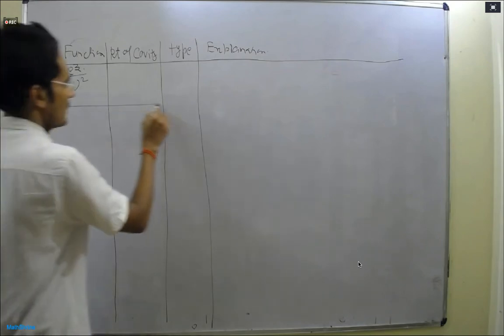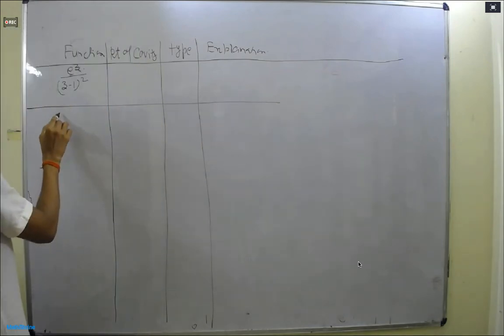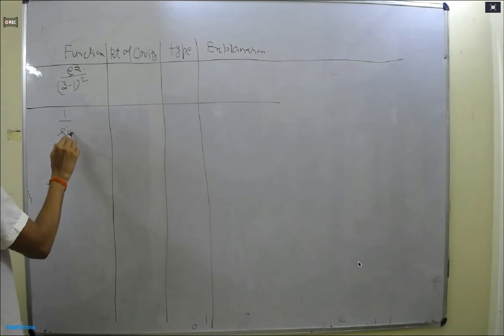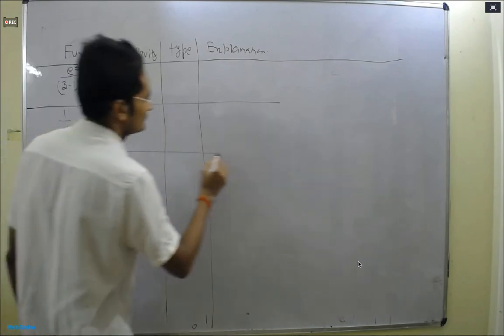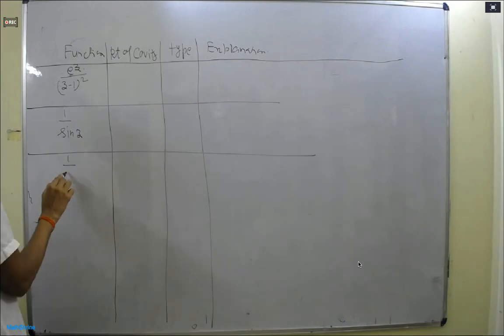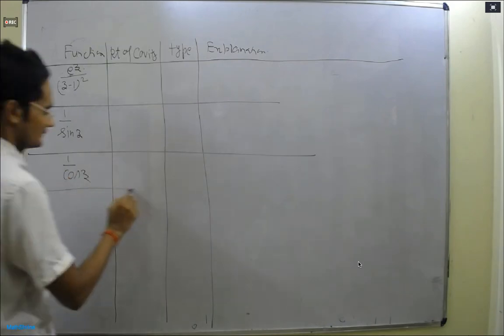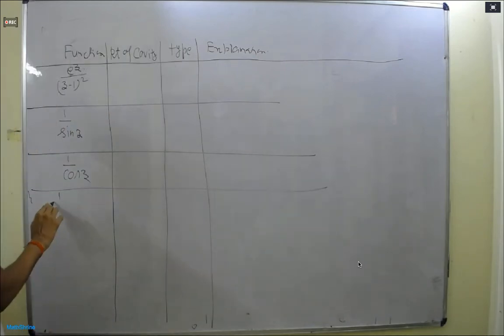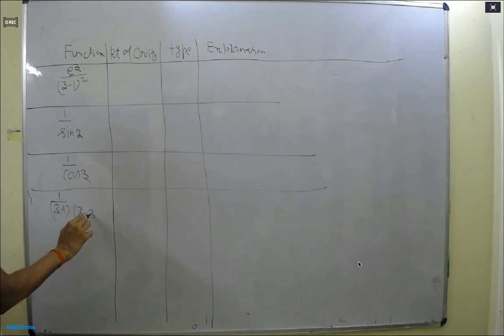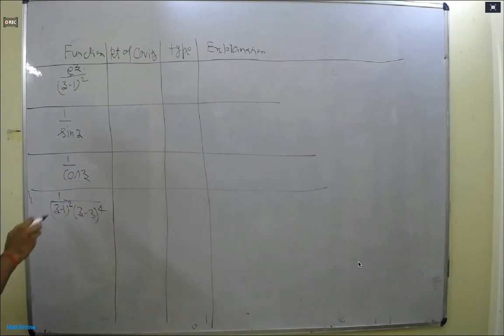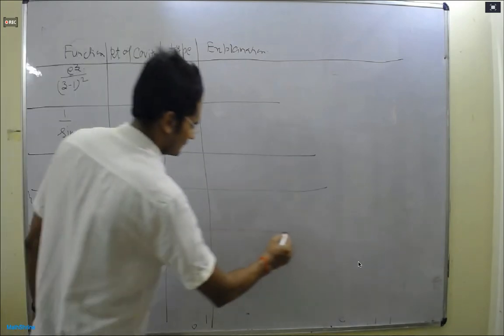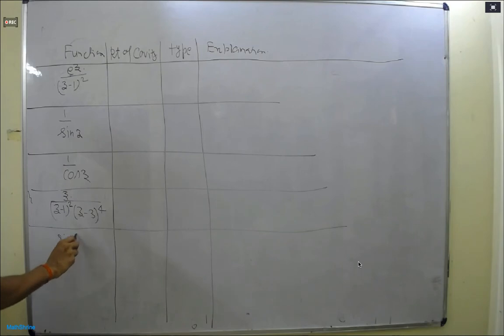Second one: 1 upon sin z. 1 upon cos z. 1 upon z minus 1 into z minus 3 raised to the power 2 over z. Sin 1 upon z. Cos 1 upon z minus 2.